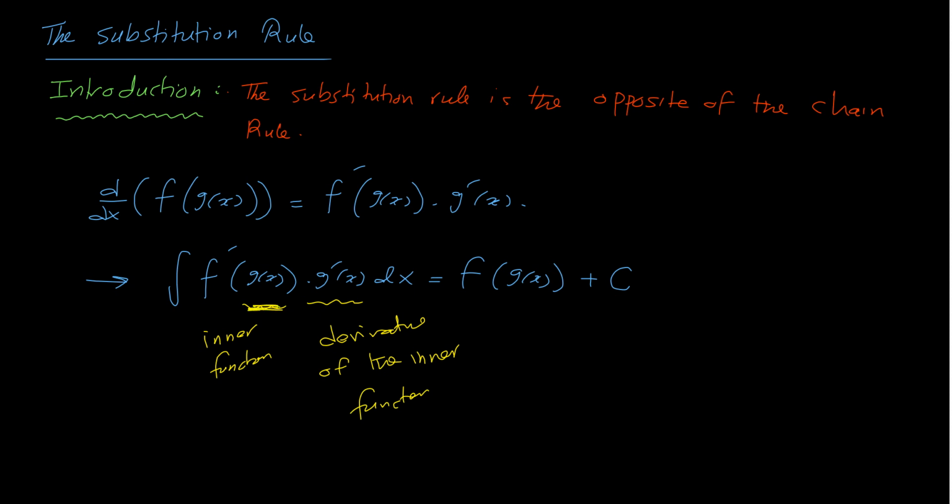When you see an inner function where its derivative is a part of the integrand, then we can use the substitution rule. In this case, we integrate the outer function, then we plug in the inner function in it.